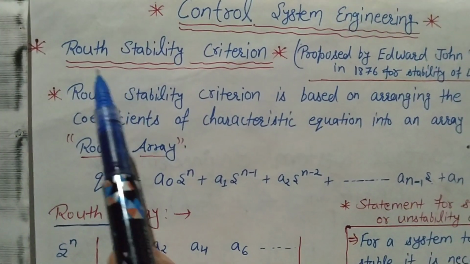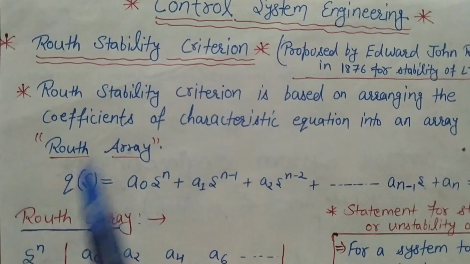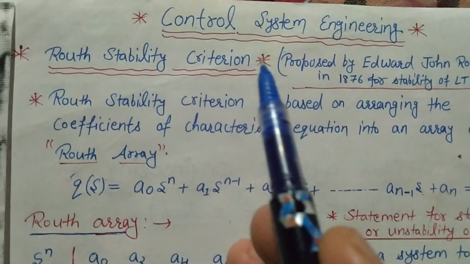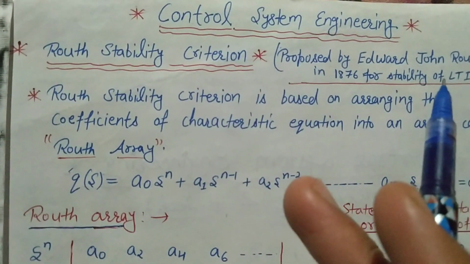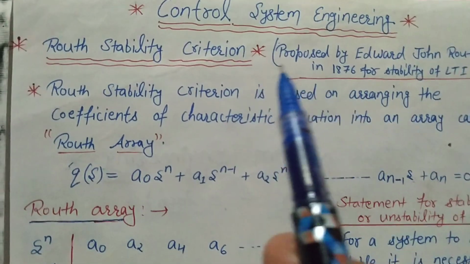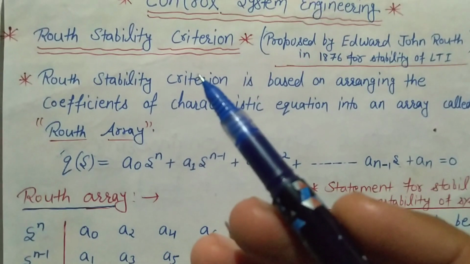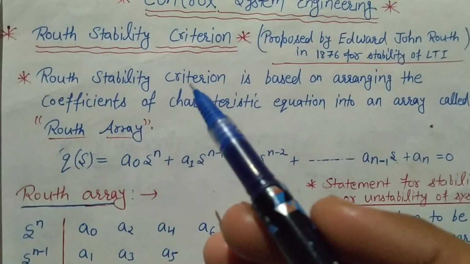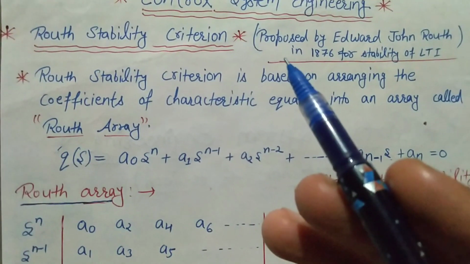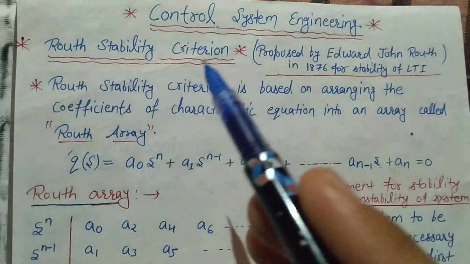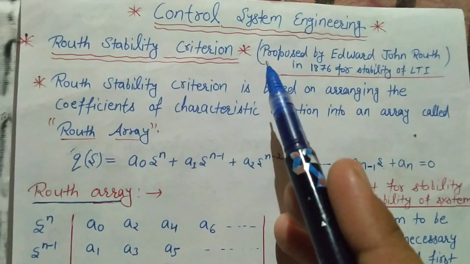Our first topic is Routh stability criterion. Routh stability criterion is used to find out stable and unstable systems. Any equation or any system is stable or unstable, we can find out by using Routh stability criterion.